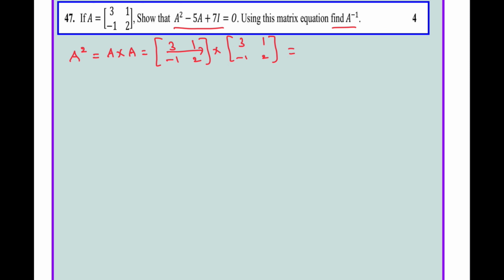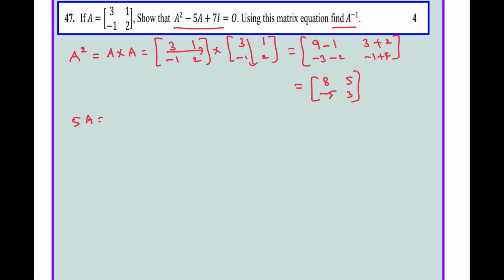If you multiply rows and columns, 3 3s are 9, minus 1, 3 1s are 3, plus 2, minus 3, minus 2, minus 1, plus 4. That equals 8, 5, minus 5, 3, which is A square.